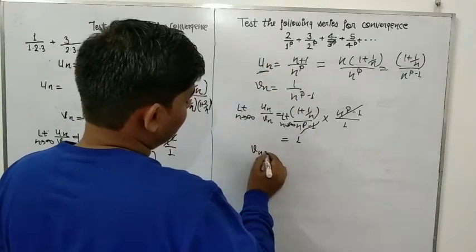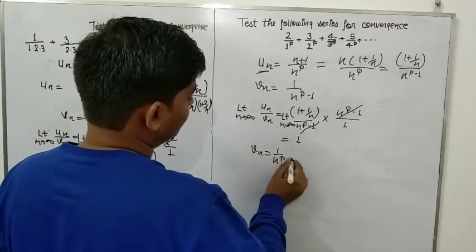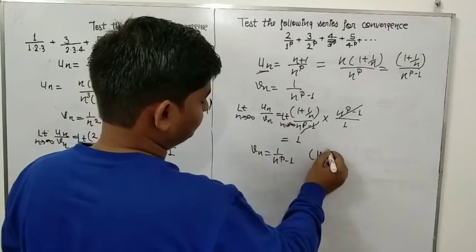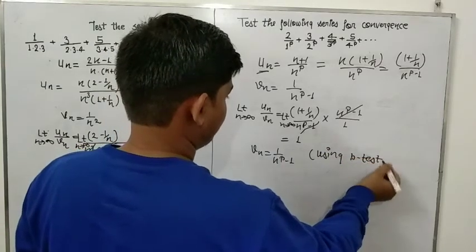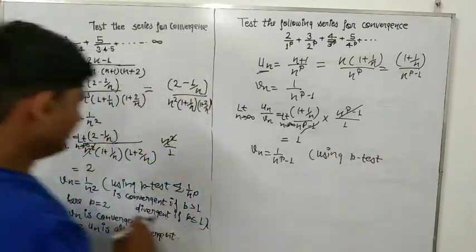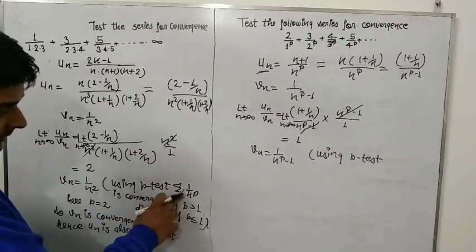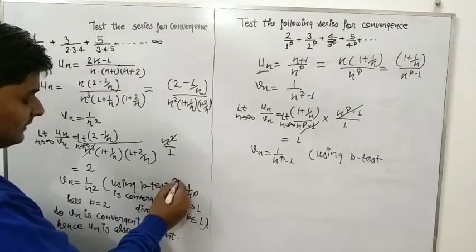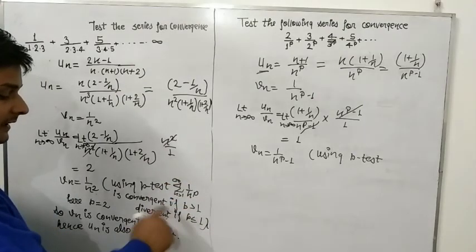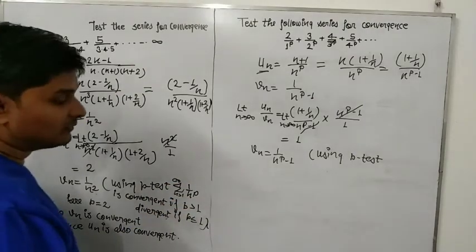So Vn is nothing but 1 upon n to the power p minus 1. Using the p-test, which is given in this slide, summation 1 by n^p, n equal to 1 to infinity, is convergent if p is greater than 1 and divergent if p is less than or equal to 1.